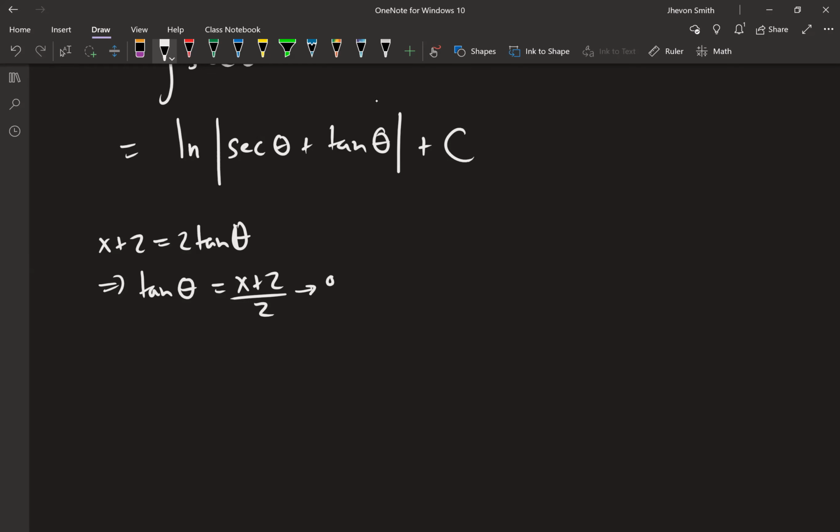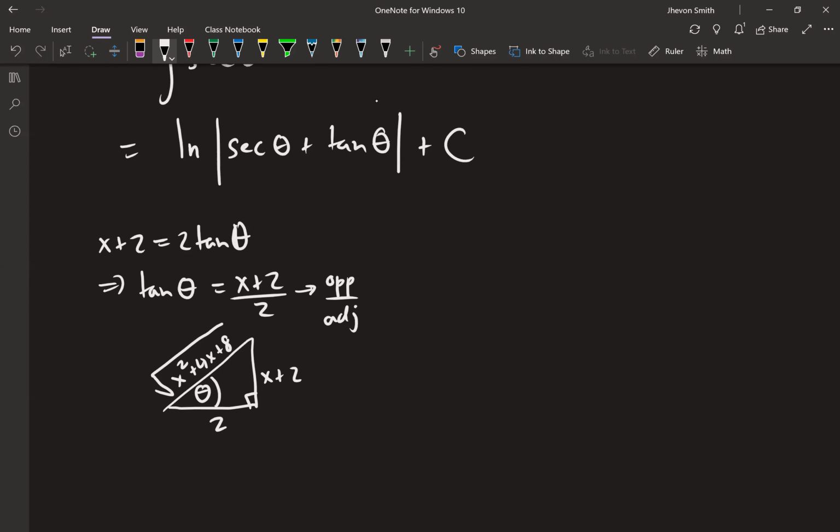That you know is opposite over adjacent, so you can form the triangle from that. Here's theta. The opposite is x plus 2. The adjacent is 2. And then the square root of the sum of the squares is the hypotenuse, which is actually going to be the original radical, x plus 2 all squared plus 2 squared. And so that's our triangle.